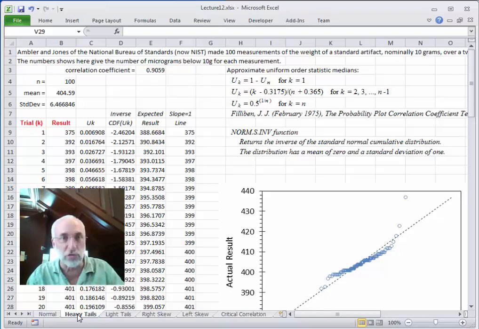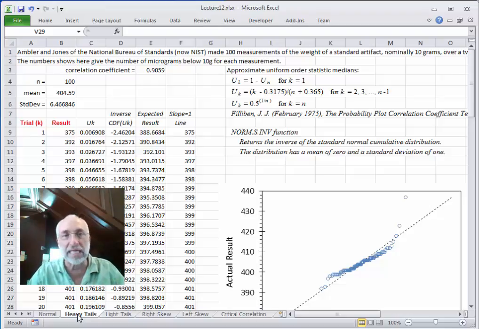They took this approximately 10-gram weight, and they weighed it once a week for 100 weeks. In between, they stored it very carefully, preserving the quality of the artifact. Every week they took it out and used their best measurement procedures to get a weight. Then they recorded the numbers, and here we have those numbers.